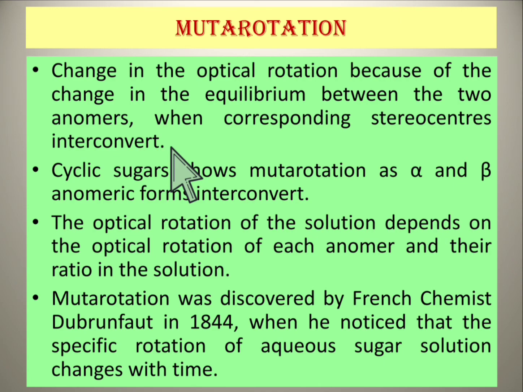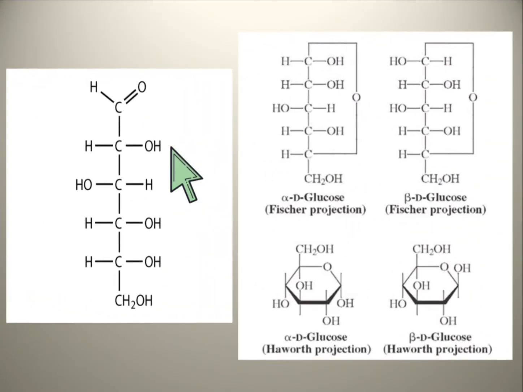Here, what actually happens is that cyclic sugars show mutarotation as the alpha and the beta anomeric forms interconvert. In solution, the alpha form can be converted into the beta form, or the beta anomeric form can convert into the alpha form.